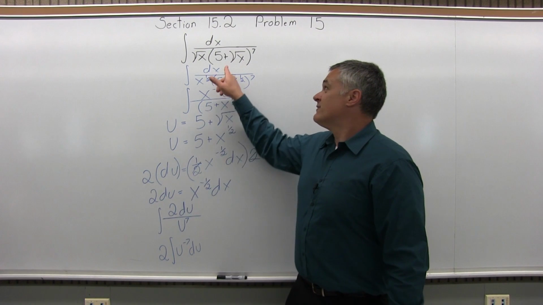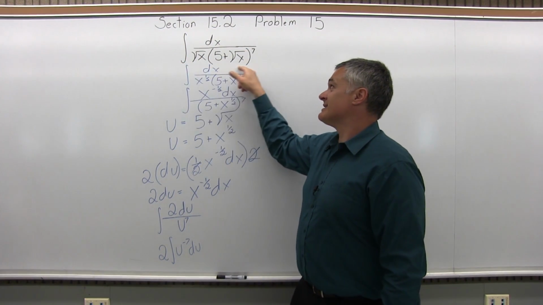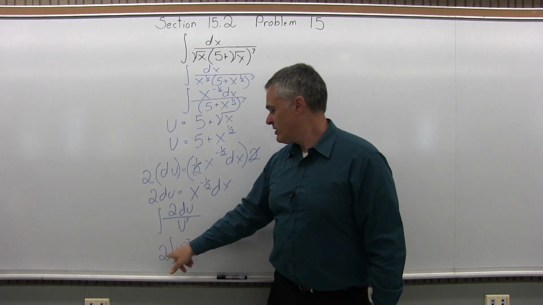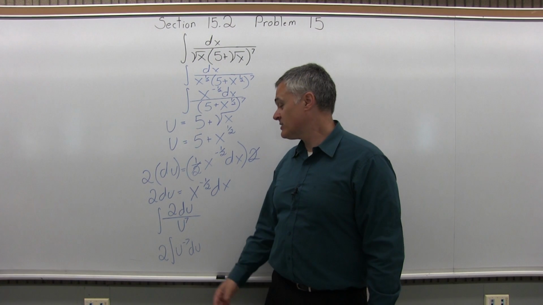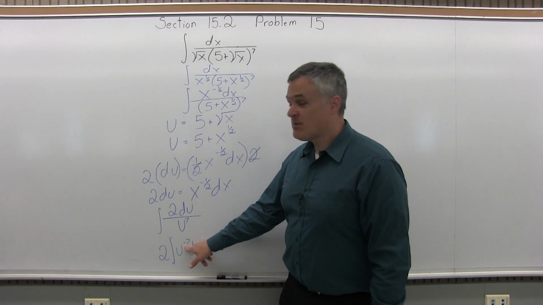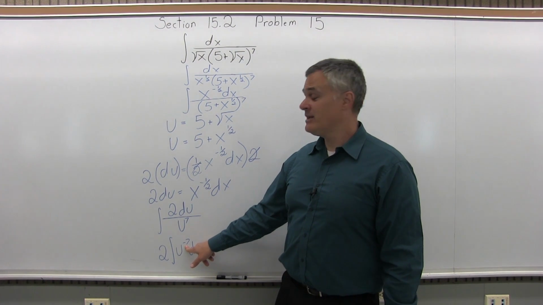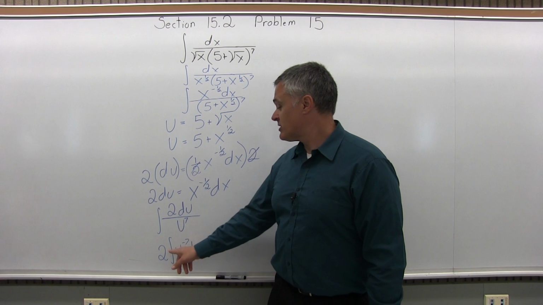So this fairly intimidating looking problem that I started with, this integral with the x's in it, boils down to 2 times the integral of u to the minus 7th du. So I can solve that pretty easily. Notice my negative exponent, I'm not going to need an ln in this case because I'm not going to zero out the denominator. So let's go ahead and do the integral.